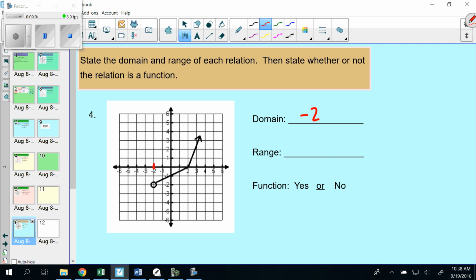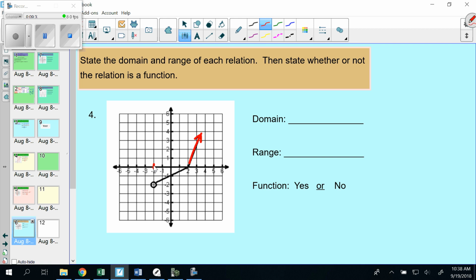Now on the other end, this one's a little bit different because you see the arrow actually keeps going here. So if it keeps going, eventually this is going to keep going up here. Every x value is going to get eventually accounted for. So on this one, since our graph keeps going, there is no right hand side of this where it stops.